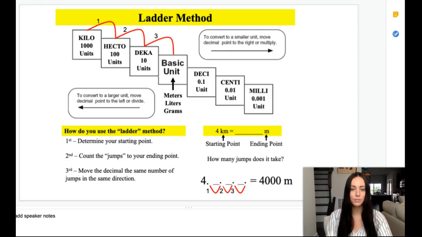From kilo to the base unit of meter, I can see here that I have 1, 2, 3 steps on my ladder. And again, this is 3 steps to the right. I will then take that quantity of 4 and move the decimal point 1, 2, 3 points, or 3 spaces to the right, which leaves me with 4,000 meters.